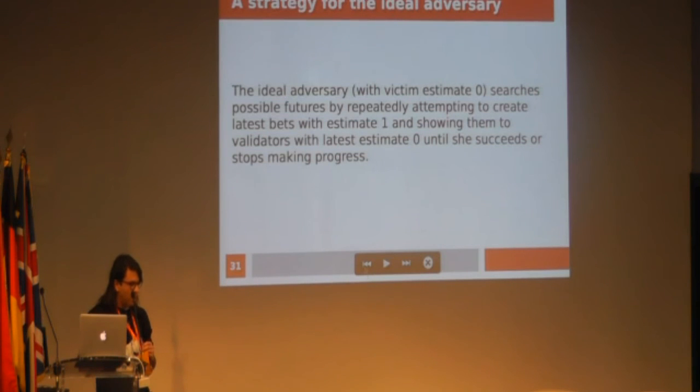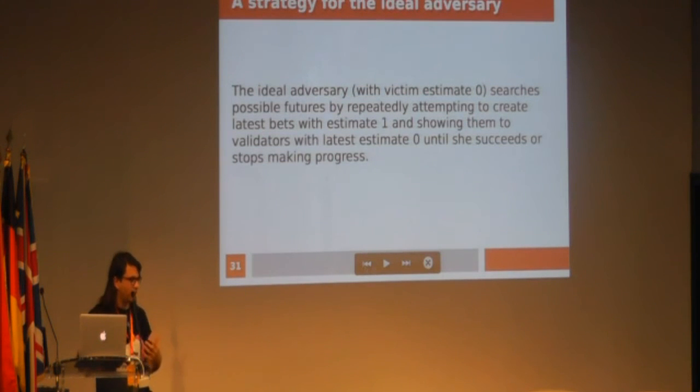So here's our strategy. Here's the first shot that we have about how this ideal adversary should work. The ideal adversary, assuming that they're trying to attack the estimate 0, will search possible futures of the current view by trying to get validators to create latest bets with estimate 1 and showing these latest bets to validators who have latest estimate 0, and repeating this process until either the attack succeeds and the canonical estimate of the overall view has changed from 0 to 1, or until the attacker no longer makes any progress.